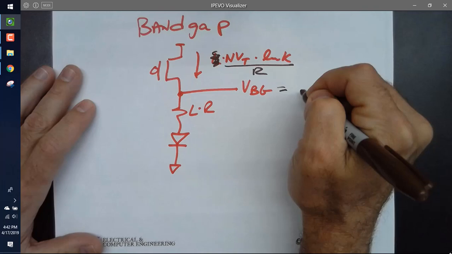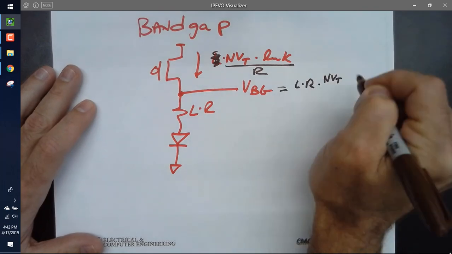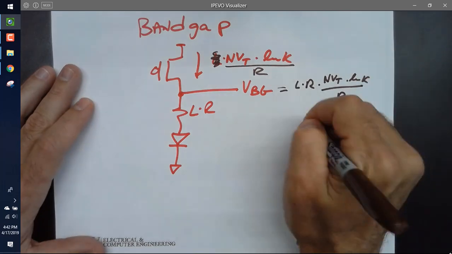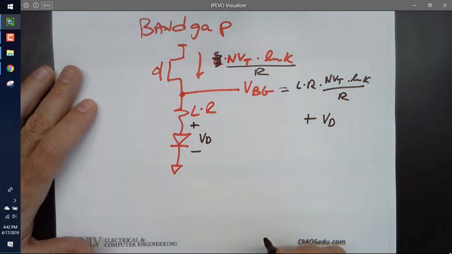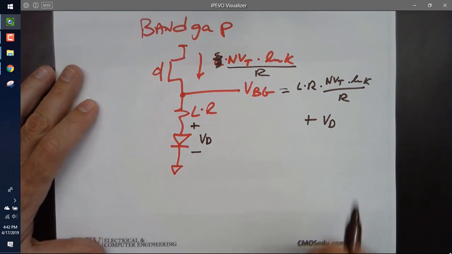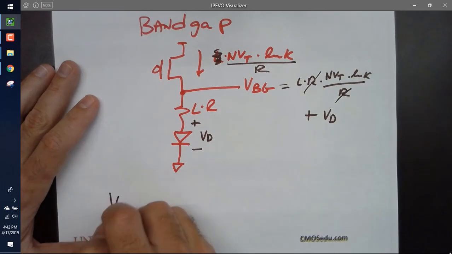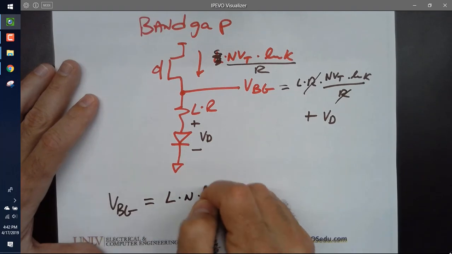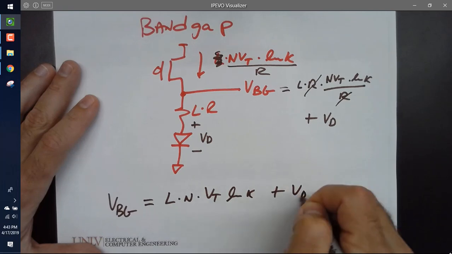It's equal to L times R times NVT times natural log of K all over R plus V diode. Does anybody agree with that? So you notice the resistors cancel, and then I get the band gap voltage is equal to L times N times VT times the natural log of K plus V diode.